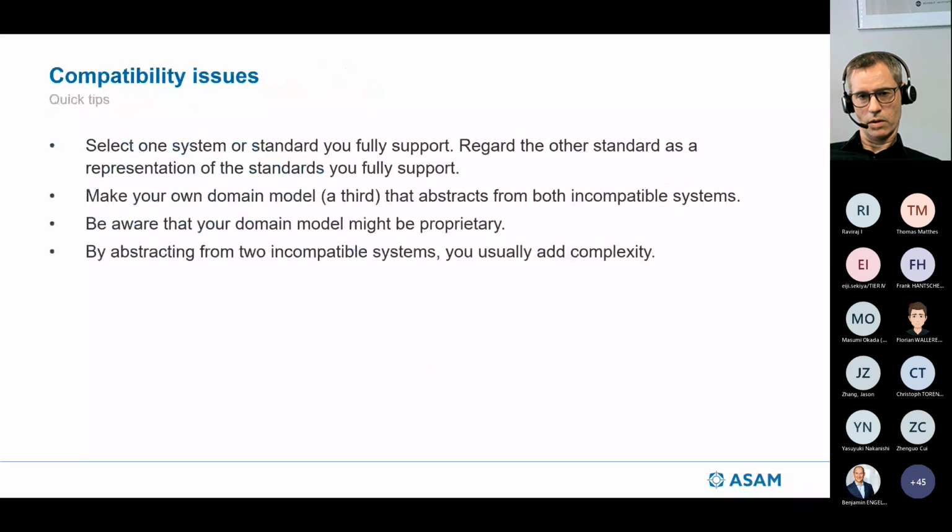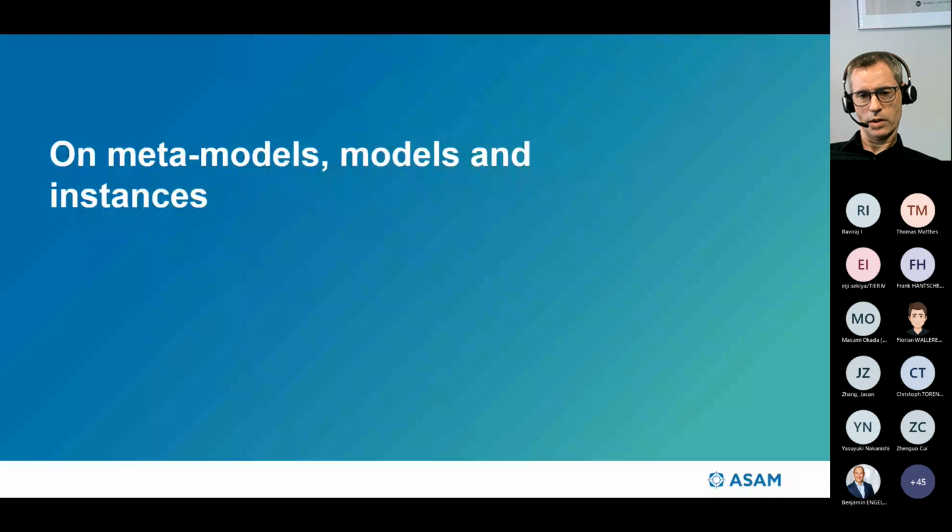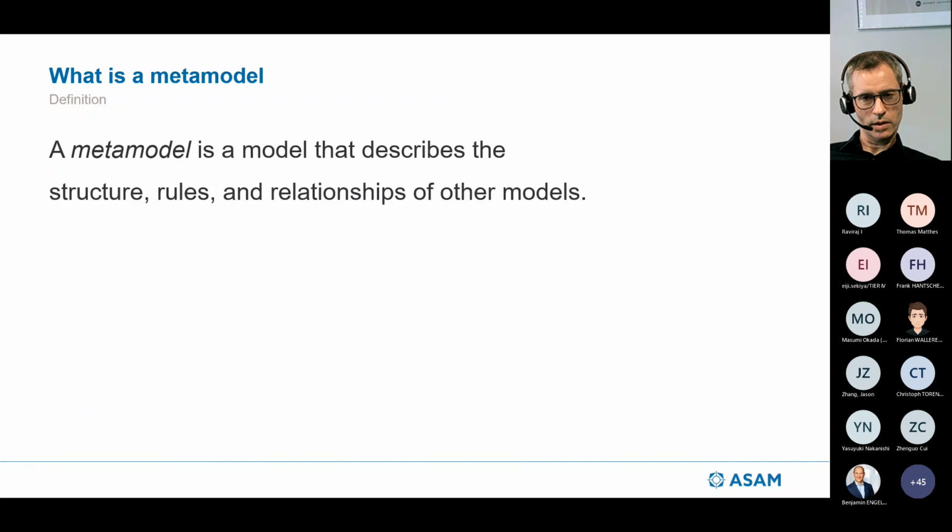Okay, these are the compatibility issues, and we are right now at the chapter on meta models and instances. I think it's not a big deal about meta models. The question is, what is a meta model? A meta model is a model.